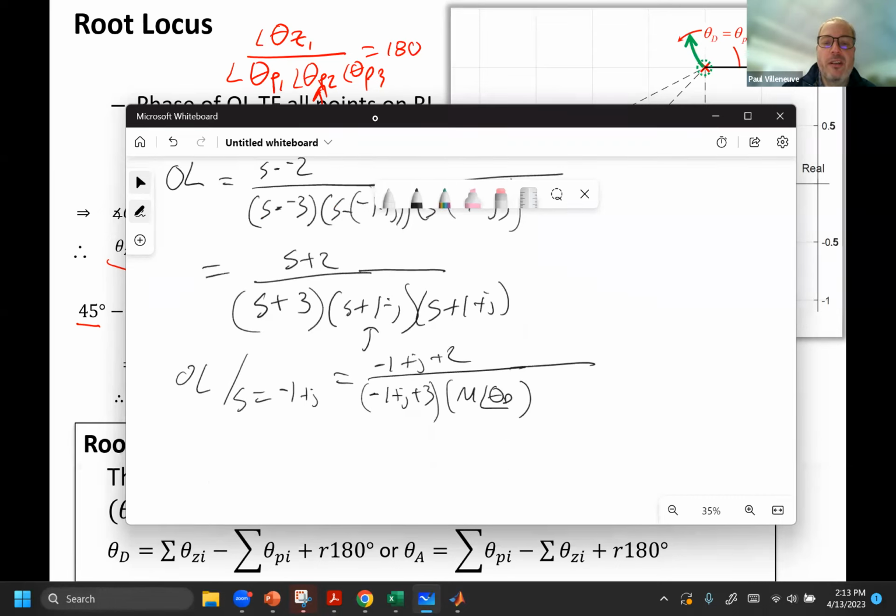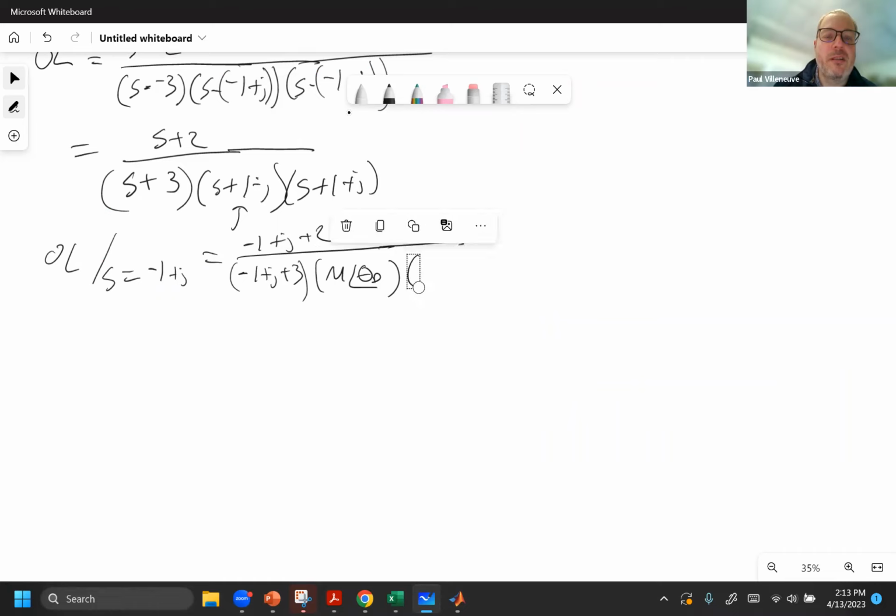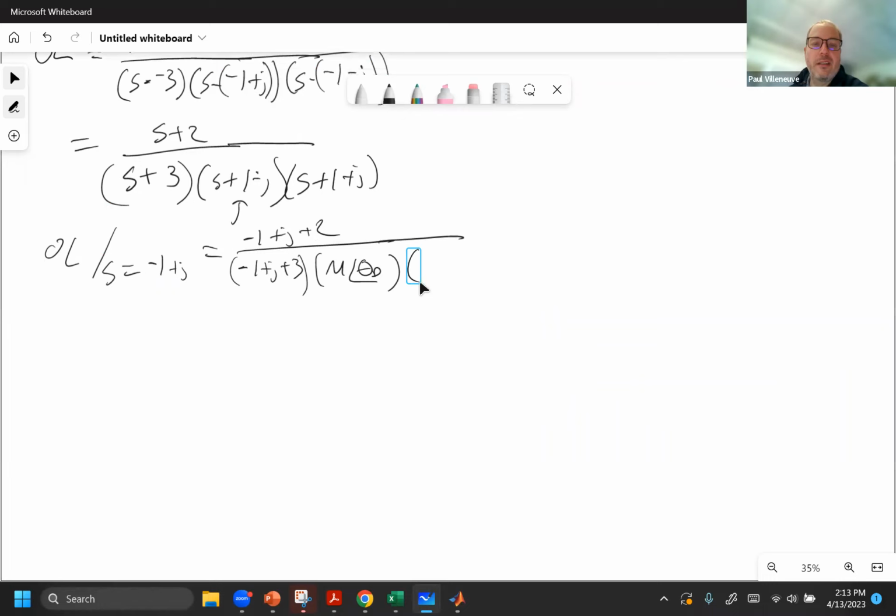And then I'm going to put in here s, not s, -1. Why is it doing that? So this is -1 plus j. Geez, my writing is all over the place. Sorry about that, folks. Plus j.